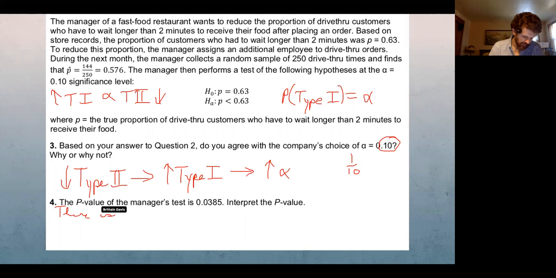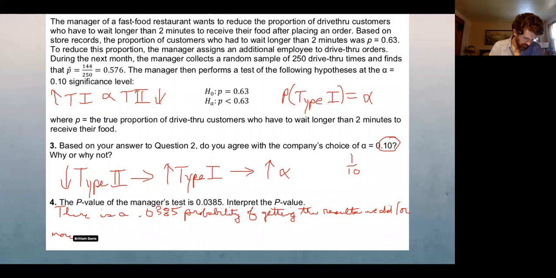There is a 0.0385 probability of getting the results we did or more extreme, assuming the null hypothesis is true.